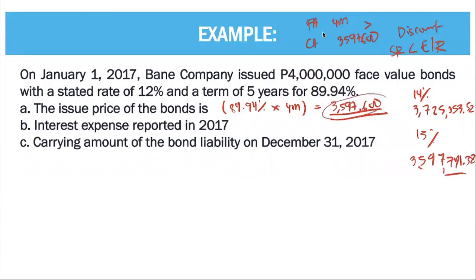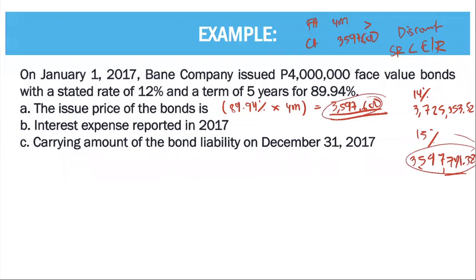So we have your 3,597,600 and 3,597,741.38. We need to get the value based on 3,597,600, so we need to adjust that by a particular percentage. So we have 741.38 and 600. Our adjusted interest rate is now 15.07%.